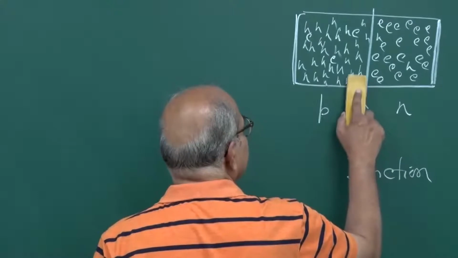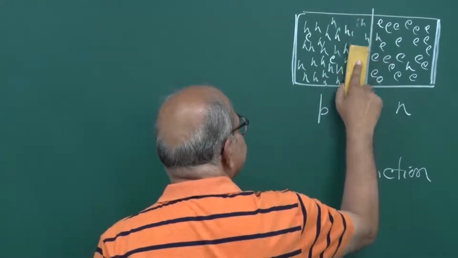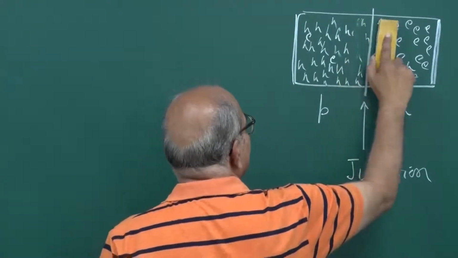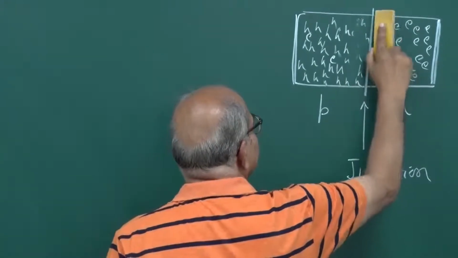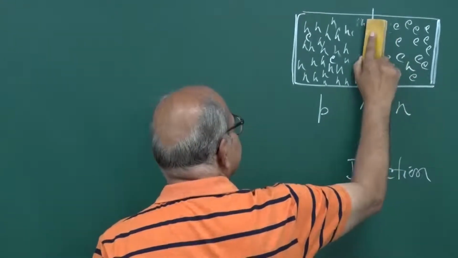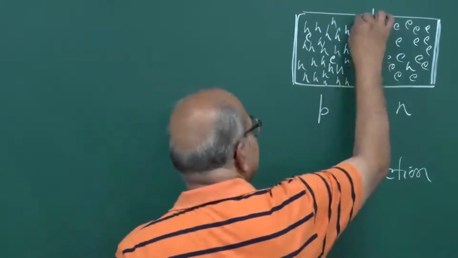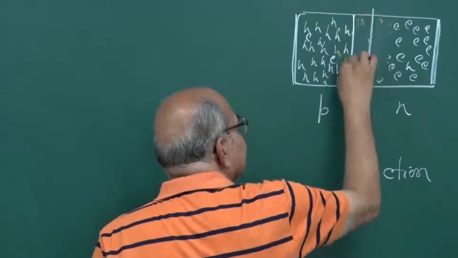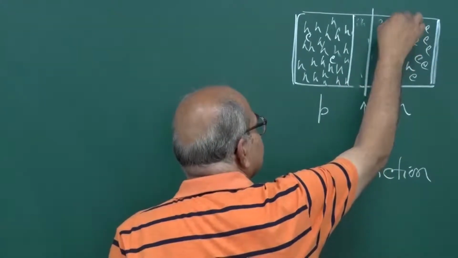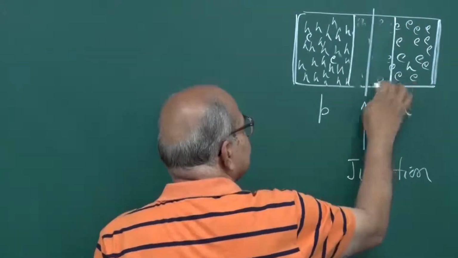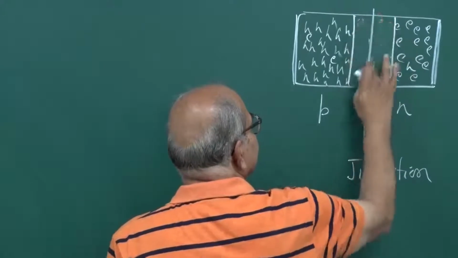There is some region on the two sides of this junction where you do not have charge carriers, right? So you have a region up to here, and then here up to here, where you have no charge carriers.